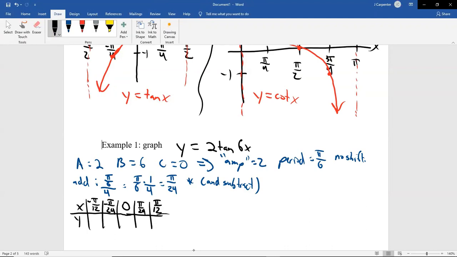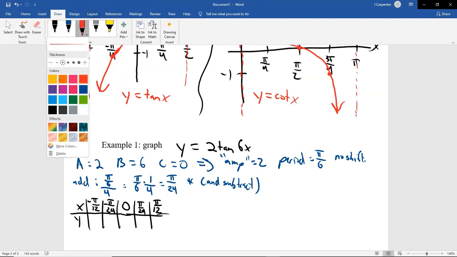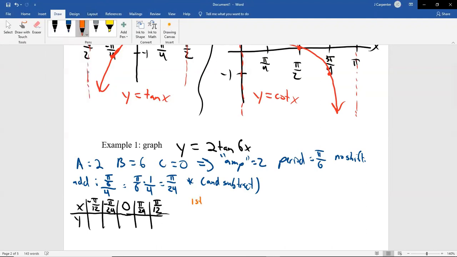We know we are designing these so that the undefined is the anchors. If you don't trust that, what you can do is show a little bit of work. So plugging in the first, you would get y equals 2 times the tangent of 6 times negative pi over 12, which is 2 times the tangent of negative pi over 2, which is negative 90 degrees.